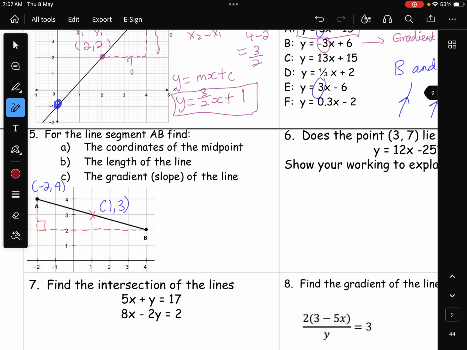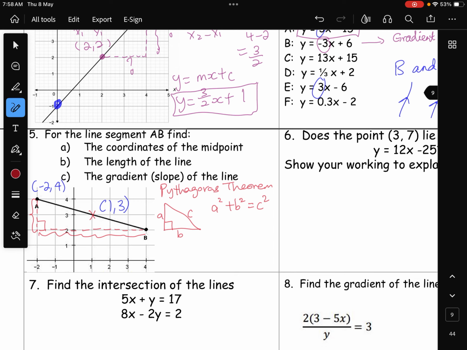If we could find the length of the vertical line and the length of the horizontal line, then we could use the Pythagoras theorem to find the length of AB. In a right angle triangle with sides a, b and c, Pythagoras works as a squared plus b squared equals c squared. Again, a very popular formula. You have seen this a long time ago.